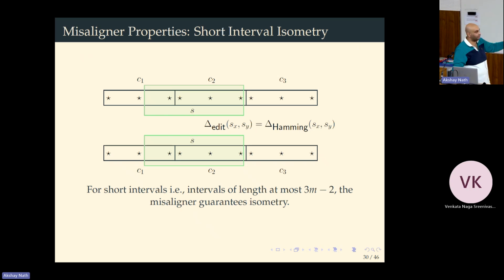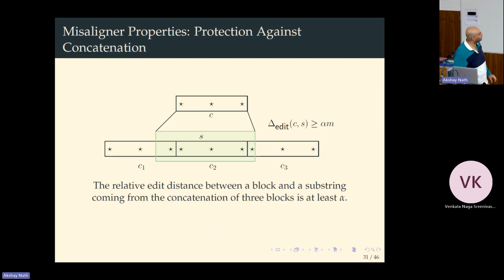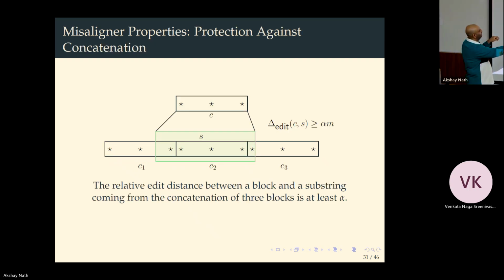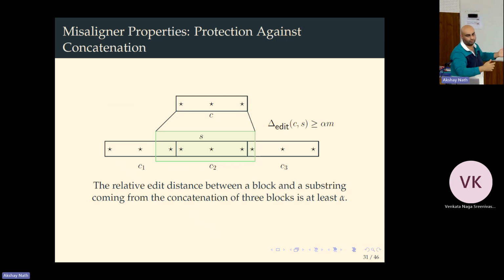If you do anything other than vertical alignment, you just pay more in terms of edit distance. That's the first guarantee we want. The second one is if you take any 3 of them and stitch them together, and you take one of them on top, you can take a bit of that code word, a bit of this code word, you can spread it out, and you still don't gain anything in terms of edit distance.